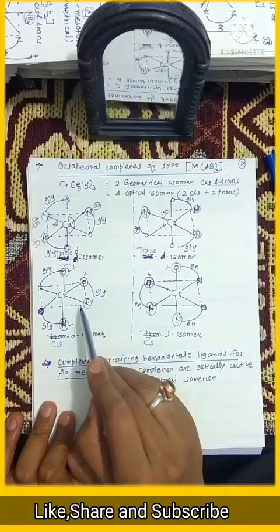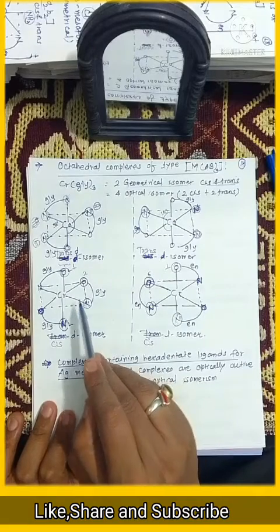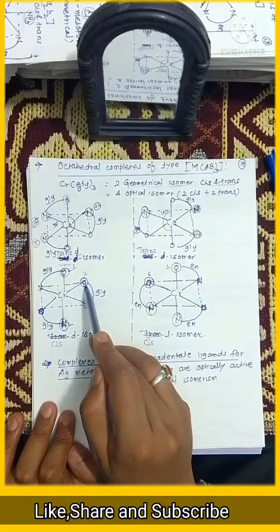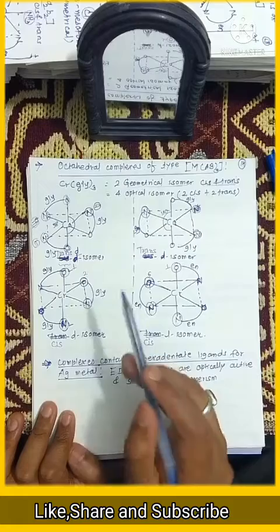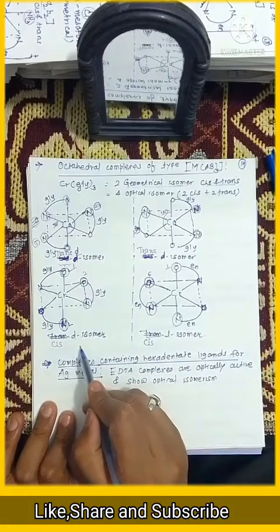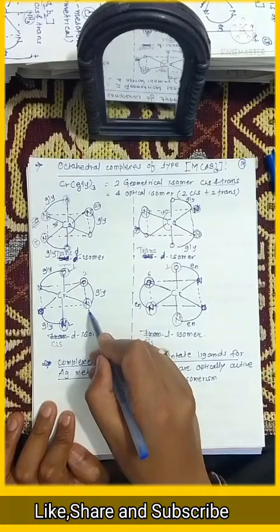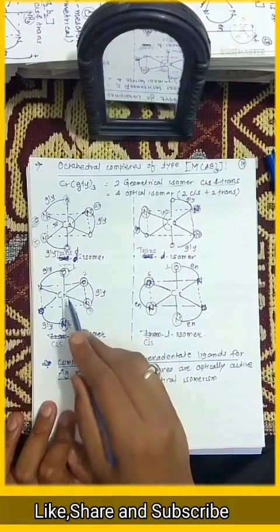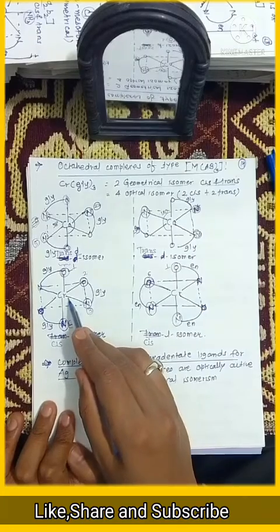Now just see in this arrangement, the same donor atoms are present at 1-2 position, also at 3 and 4 position. That's why it is known as the cis geometrical isomer.